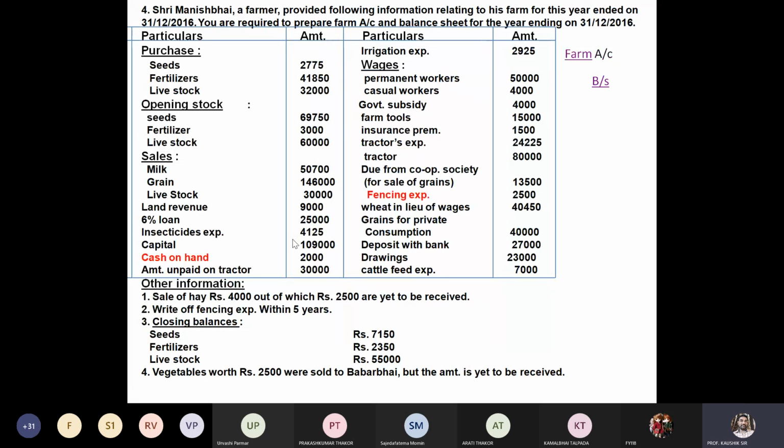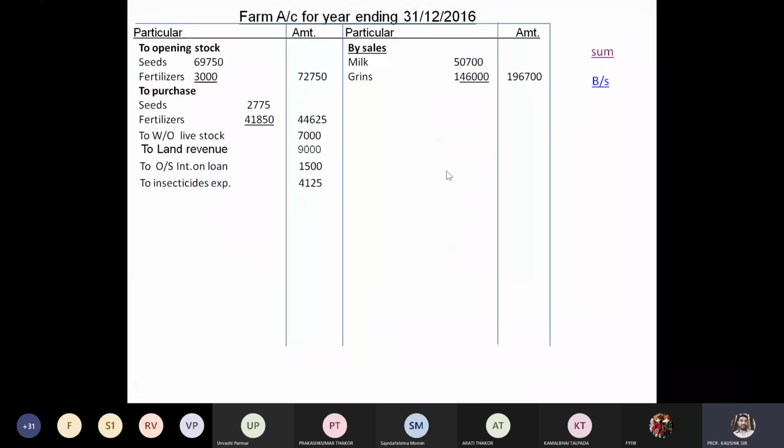4,125 as an expenditure, debit side of the farm account. Insecticide expenditure.